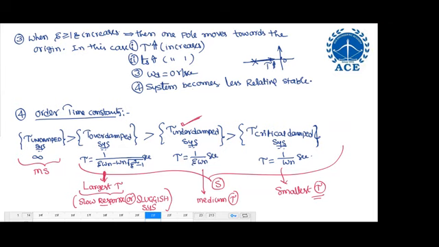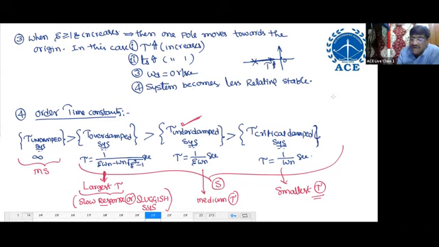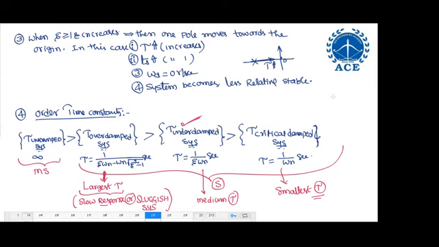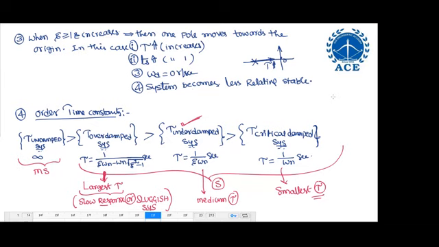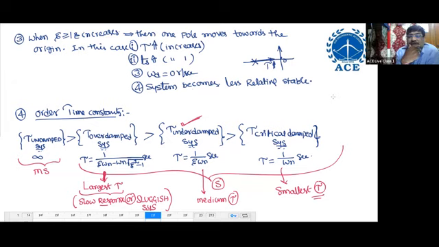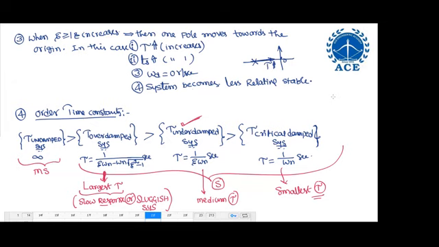Yes, sir. But how is it related to delay time, rise time, and peak time? You will come to that next, not in time domain specifications. Formulas will come. Okay, sir.